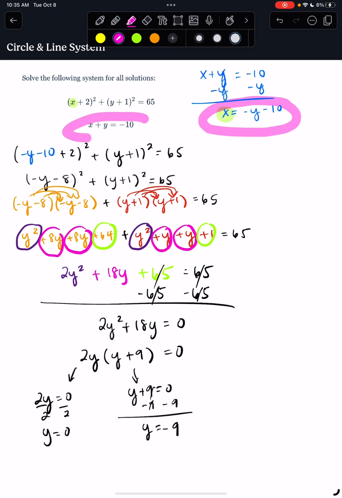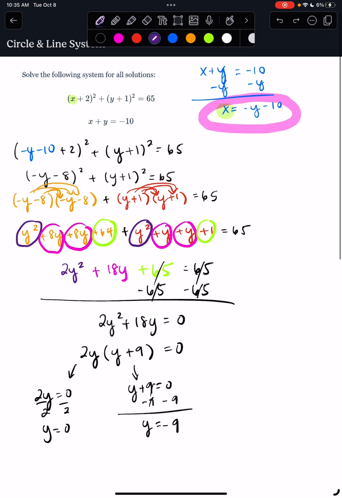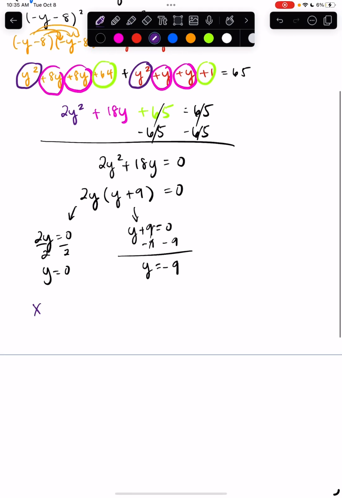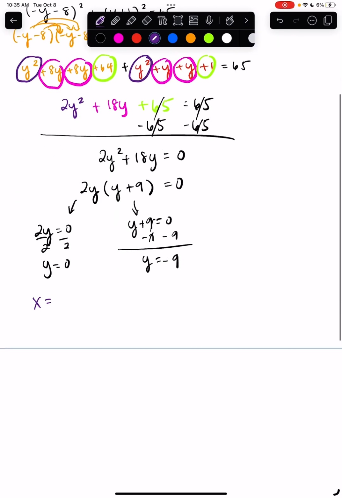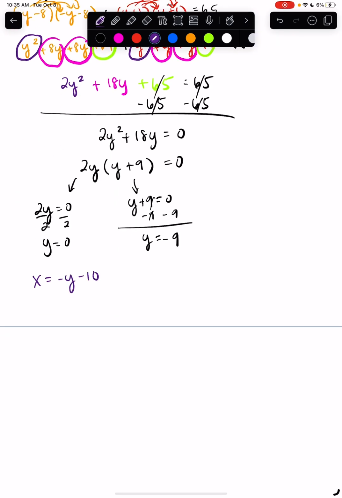I could have also used this. I could have used this. But it makes the most sense if I'm solving for x to use the equation where we already have it set up as x equals something. So I'm going to set this up as x equals, and x was equal to negative y minus 10. And I'm going to set it up in two places because I'm going to substitute in twice.